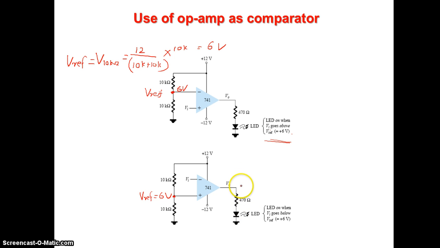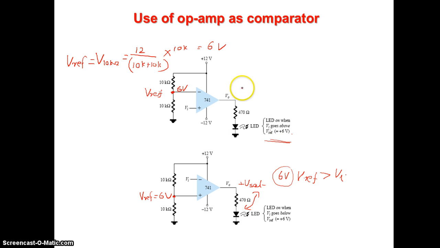So when the output is plus VSAT, only then the LED will be on. That means 6 volt should be higher than V input, so the V reference should be greater than Vi.